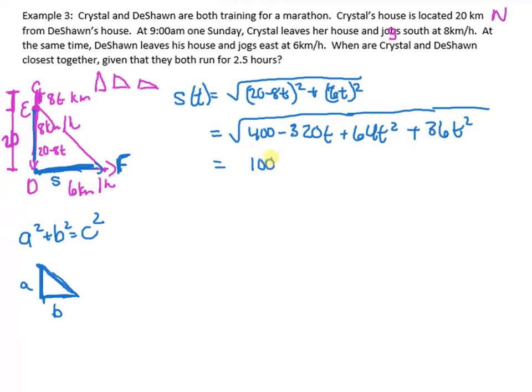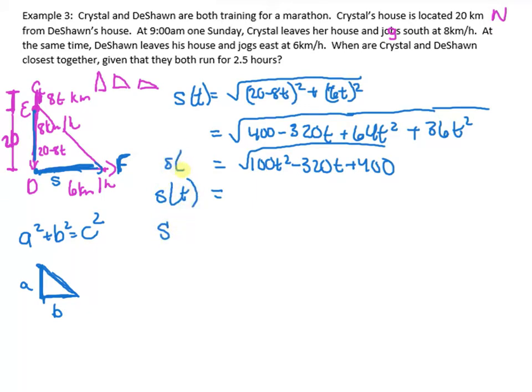So I get 100 t squared minus 320 t plus 400. So this is S at t.